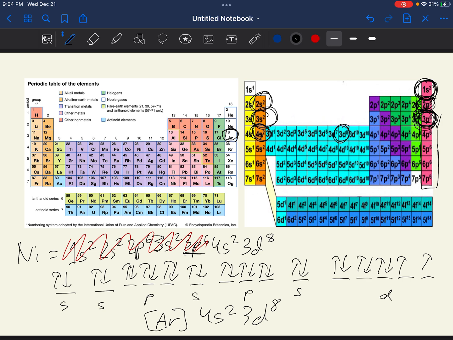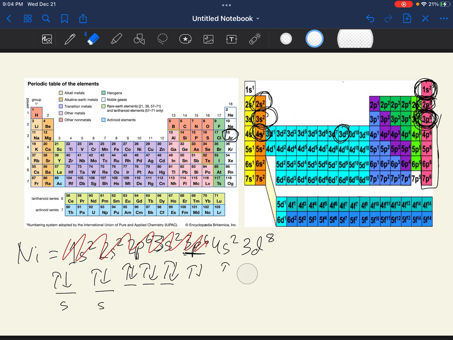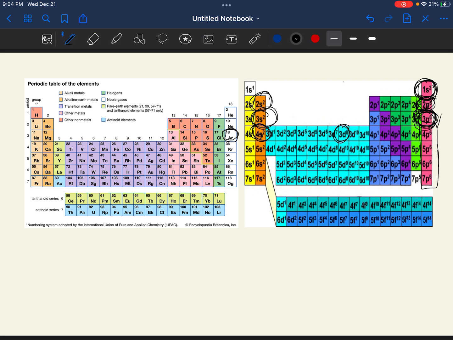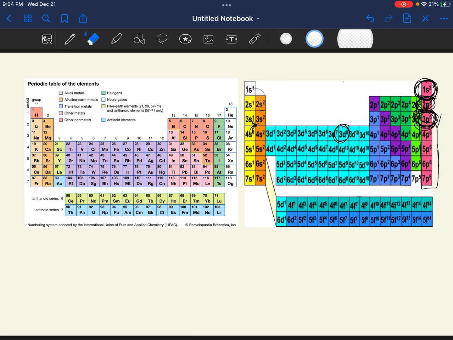Okay, there's one last example I want to do, because this one is with the f orbital, and when you're dealing with f orbitals, it's a little bit tricky, but hopefully with more practice it'll get better. So let me do one with an f in it.